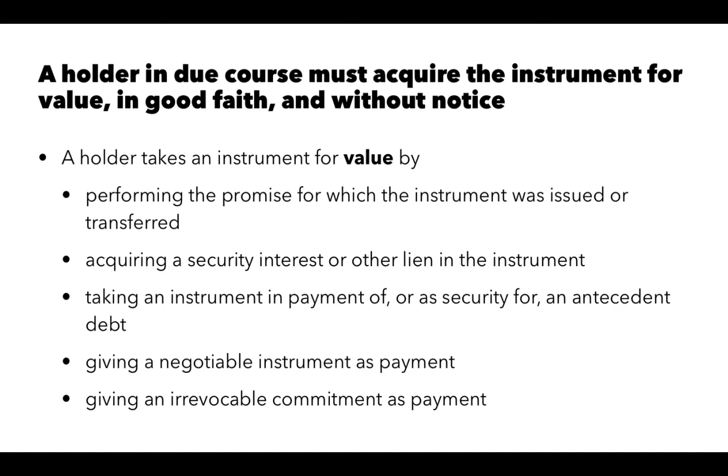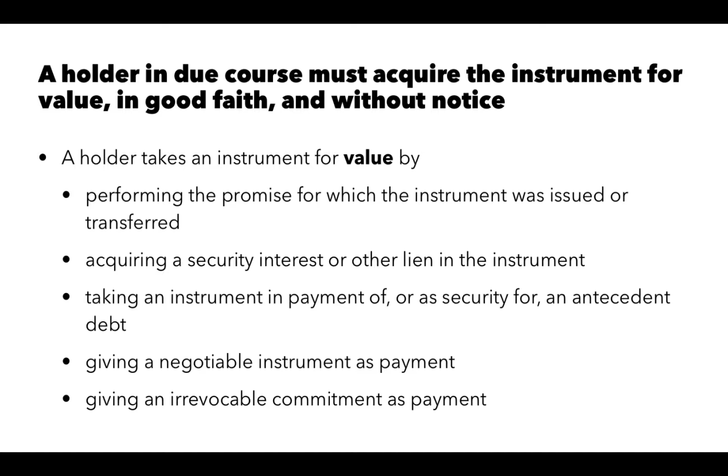You may be remembering consideration from the study of contracts, and consideration has to be minimal. There's very little required in order to constitute consideration. The requirement for value is different. There must actually be something of value transferred from one party to the other.